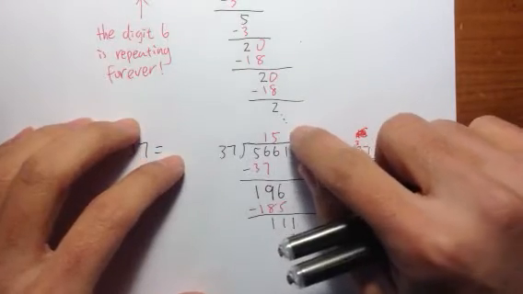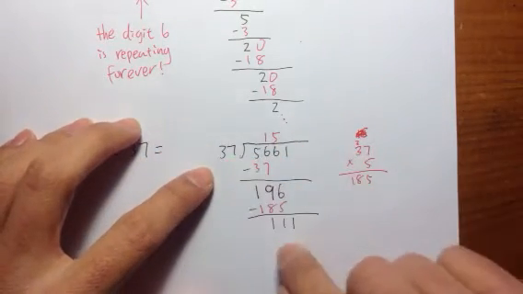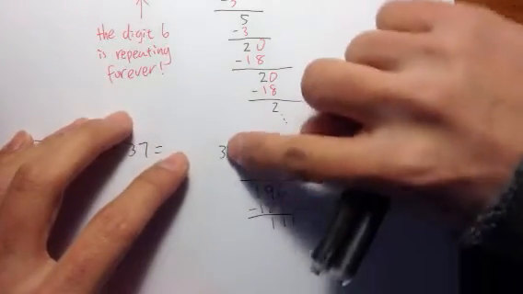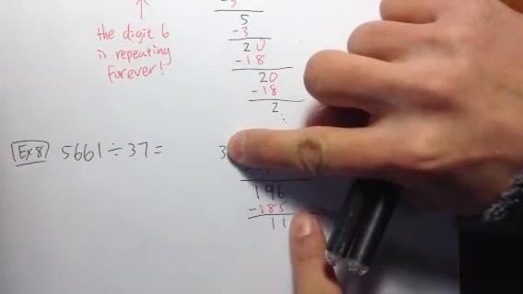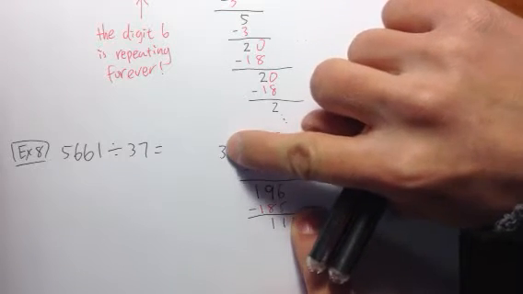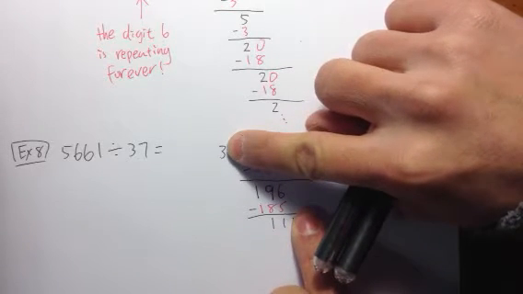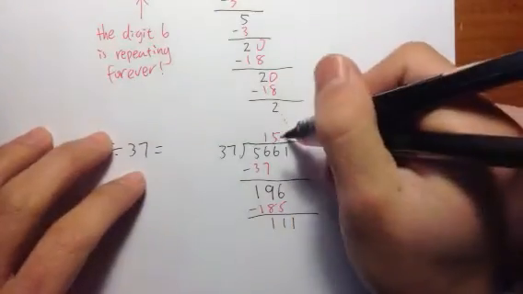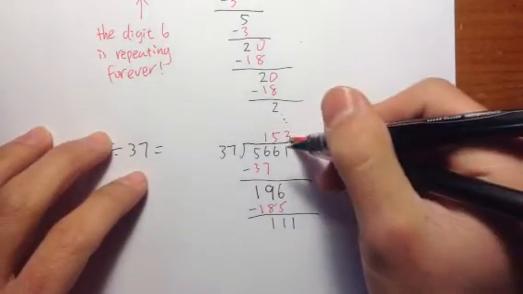How many times does 37 go into 111? Again, you can compare the first number here and then the first two numbers here. So 3 goes into 11 about 3 times. And let's just try with 3 and then see what we get. Let me put on the 3 right here.